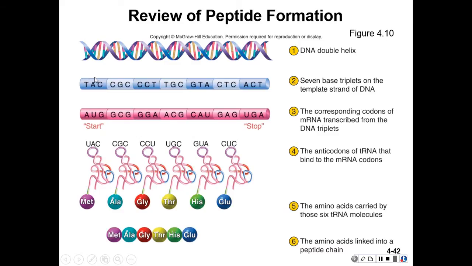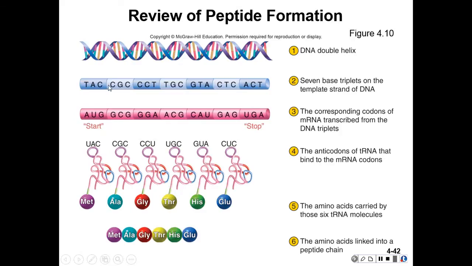We know that TAC is the signal for the polymerase to come along and start reading. It is our start. Once it reads TAC on the DNA, it knows this is where to start, and it starts coding, and this would be the very first codon, AUG.